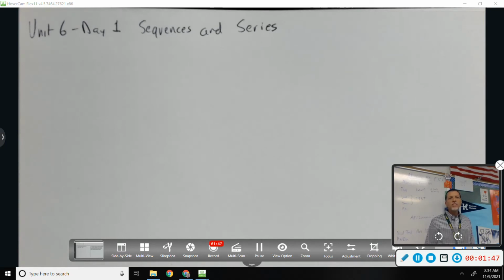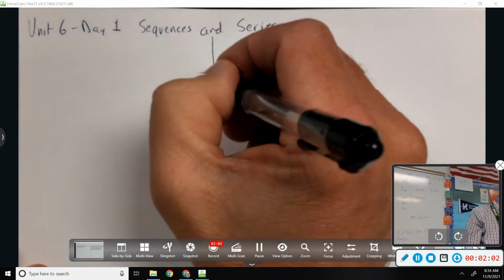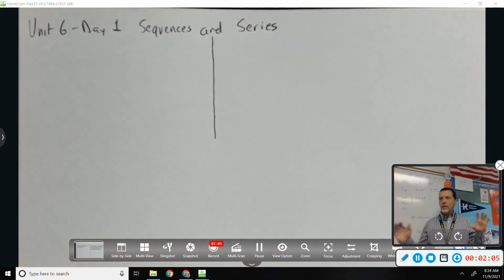The first key thing is the difference between the two. The trick is they both start with S, so it's easy to get them confused and backwards on which one's which. So let's talk about the difference between the two first.